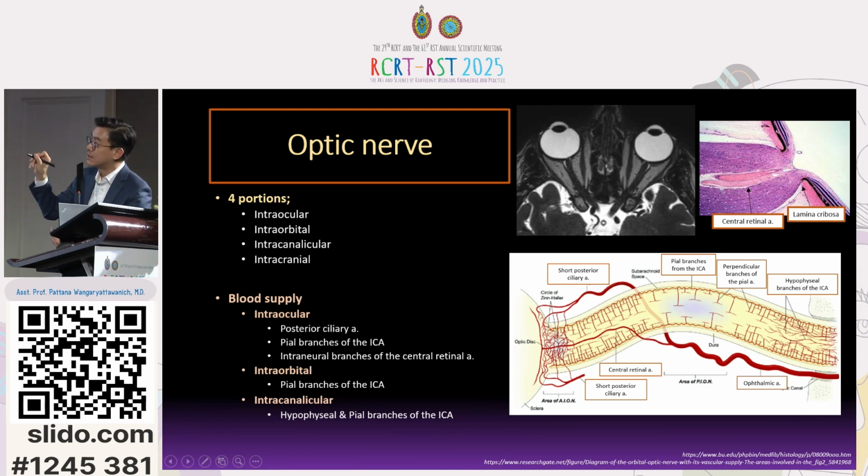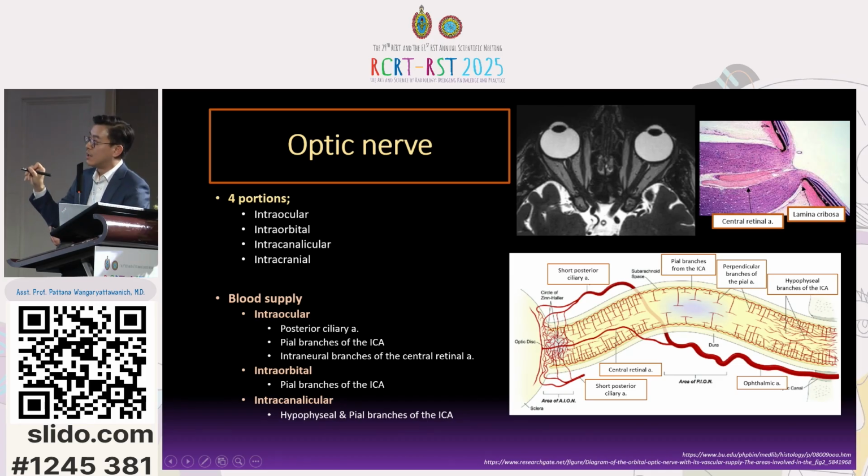So it also receives blood supply from the pial branch of the ICA. At the same time, there are two other branches. One is the central retinal artery that takes off from the ophthalmic artery. And the last one is the short posterior ciliary artery, which is also a distal branch of the ophthalmic artery.